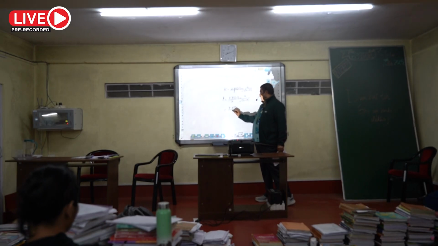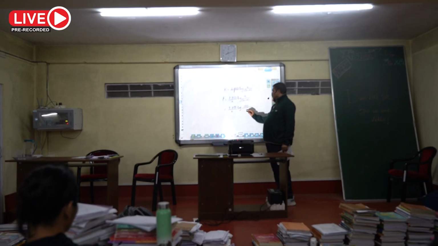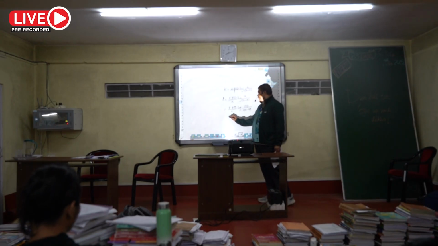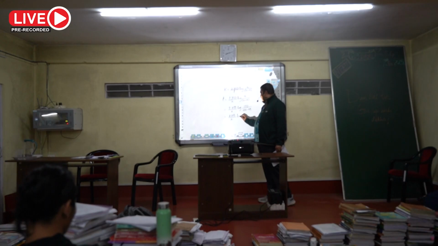So t is 2.303 by K into log of 100 by 100 minus 99. That is equal to 2.303 by K into log 100.